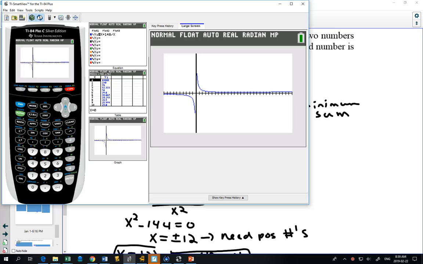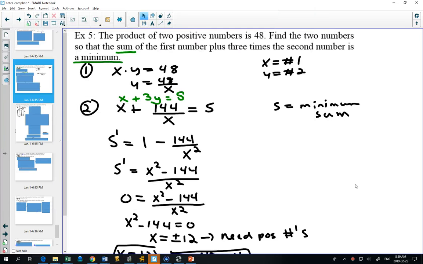Okay? Now, had we done the first derivative test, right, because you get 12 and negative 12 with your first derivative test, you would put negative 12 on there, you'd put 12 on there. Would we put any other numbers on our number line? Yes. Which other one would we put on there? 0, because 0 is a non-permissible value. Okay?